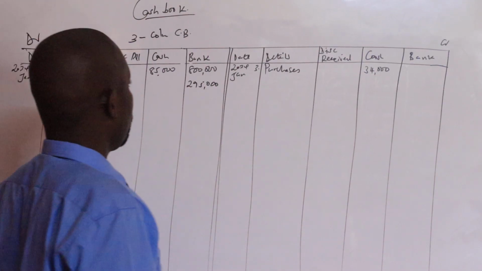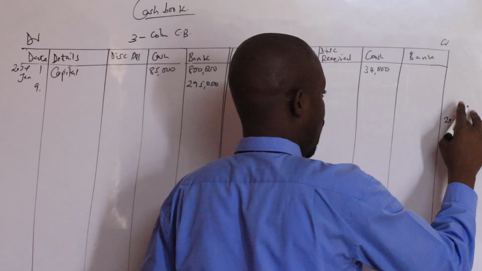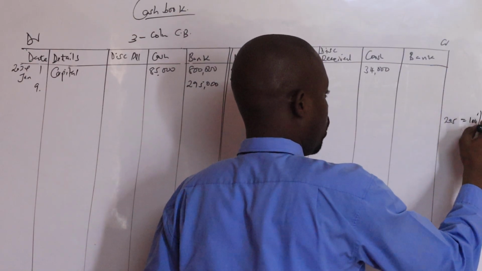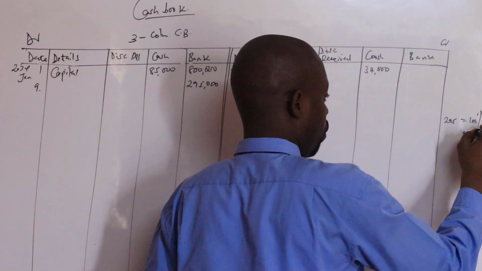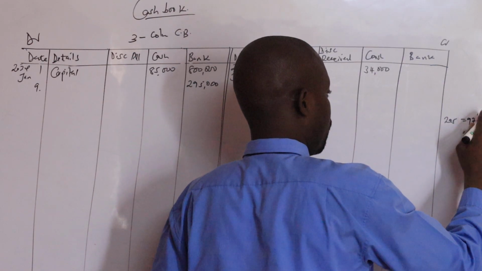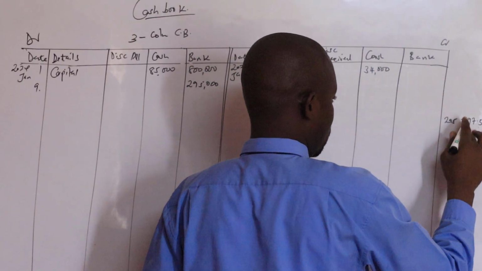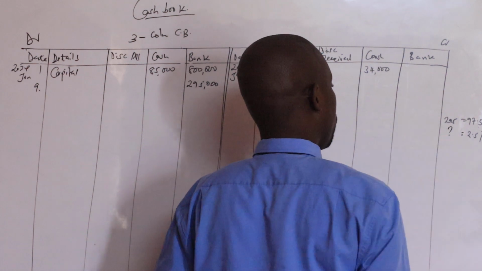So we are saying that 295 is what? 97.5%, because the discount had been deducted. What are we looking for? The discount, 2.5%. So how much is 2.5%?